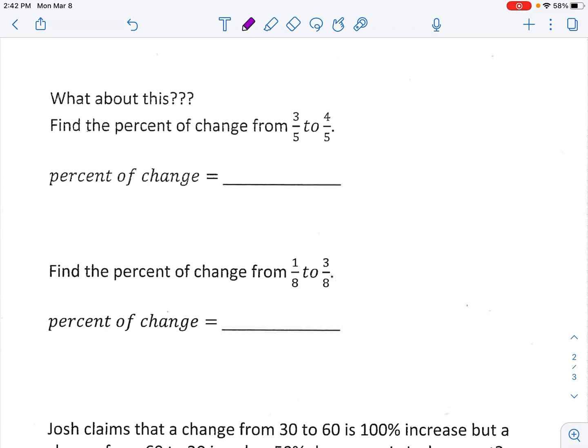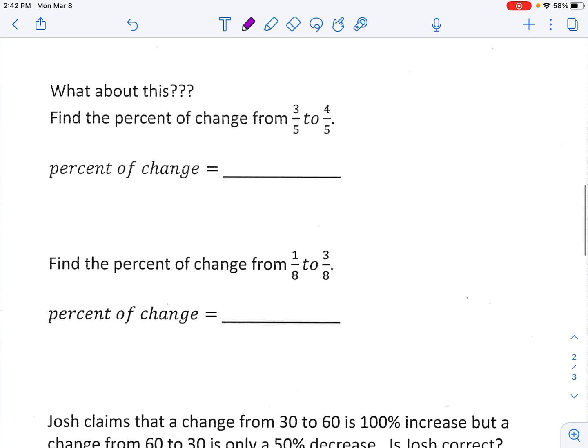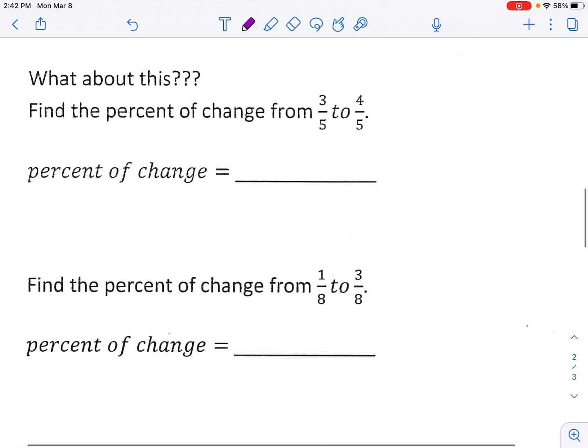Find the percent. Oh, this is the percent of change. We're going back to day 1 notes. Percent of change, okay? Percent of change is, let me go back to make sure I don't say it incorrectly, the amount of change over the original amount. Okay, from 3/5 to 4/5, that's a change of 1/5. Everybody agree from 3/5 to 4/5 is 1/5?